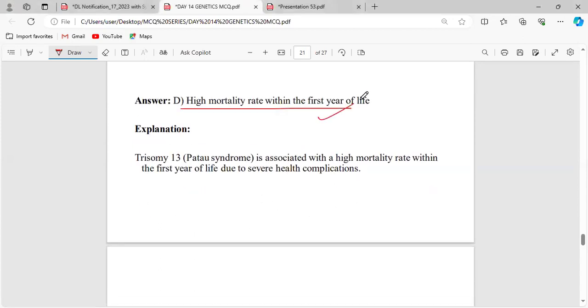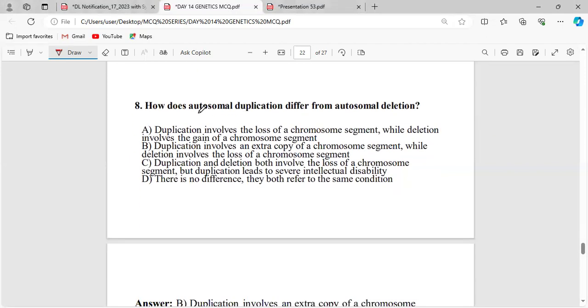High mortality rate within the first year of life. Okay, it has a high mortality rate within the first year of life due to severe health complications. Right? And how does autosomal duplication differ from autosomal deletion? Just the difference between deletion and duplication. Duplication involves the loss of chromosome, while deletion involves the gain of the chromosome.